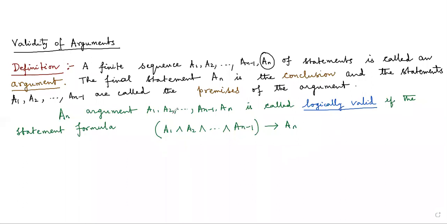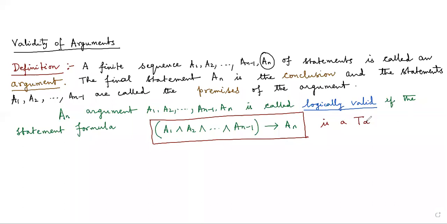If I can show that this condition is satisfied, that it is a tautology, then we can say that this argument A1, A2, ..., AN minus 1, AN is logically valid.